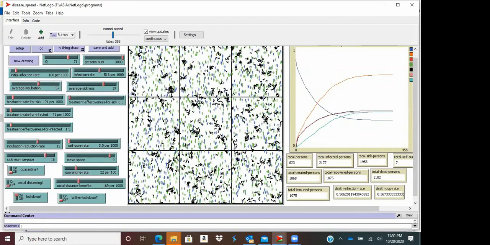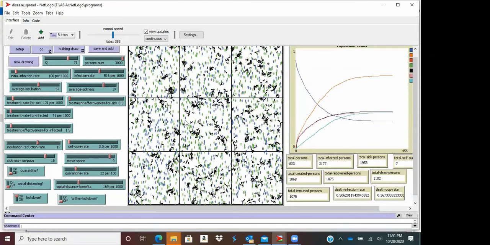Well, the number of deaths increases. That seems not quite intuitive. Lockdown means that people are trapped in a space, so if anybody gets sick in a small space, it's more likely that they will infect the people there. So your lockdown is not enough.